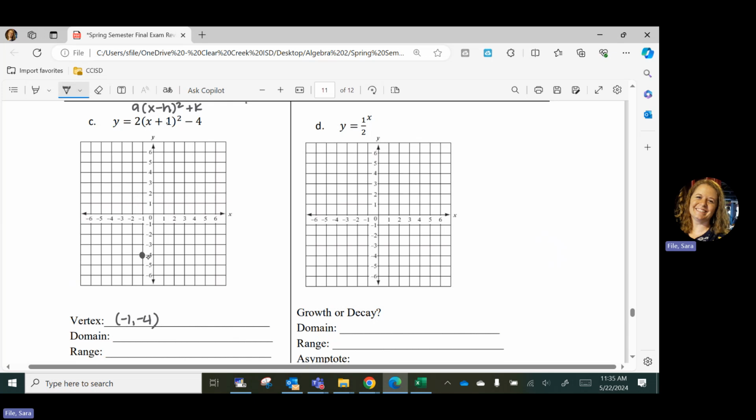Now, I also could just type that in Desmos and see the graph, okay? But that tells me this is shifted left 1, down 4. And that A tells me it's stretched by 2. So I'm going to have a point here, and here. Now, again, if you don't understand how I just got those points, don't worry about it. Go use Desmos and get the points plotted by looking at Desmos.